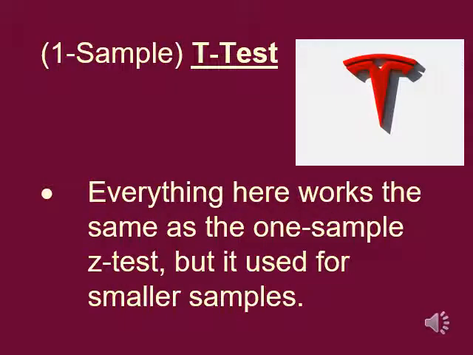And we're going to use that t-distribution to do what on your calculator is called a t-test. I will often call it a one-sample t-test, and again, that's because it uses one sample instead of two, which we'll talk about later. If you go to one-sample t-test on your calculator, you'll find that basically everything works the same as a z-test. We're just going to use it when we have smaller samples.